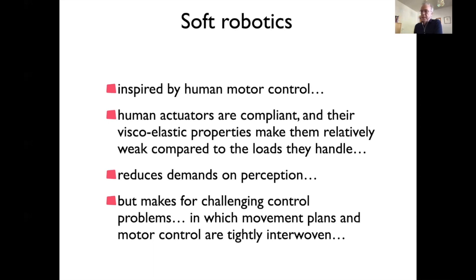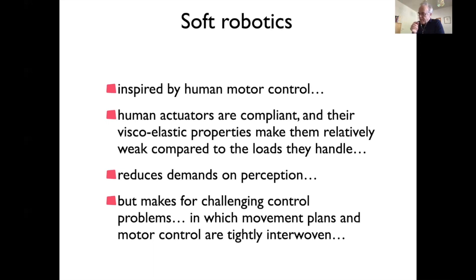Then they can avoid destroying objects, so they don't need to know as much about an object. To grasp a glass, they just need to plan a posture somewhere inside the glass, and the springs and all the actuators will then create the compression force that will allow you to hold the glass.